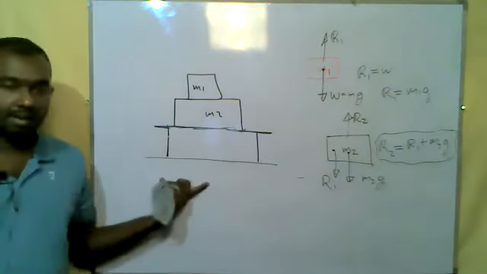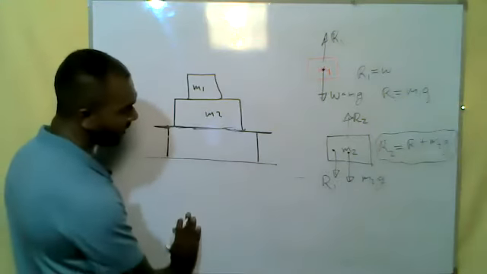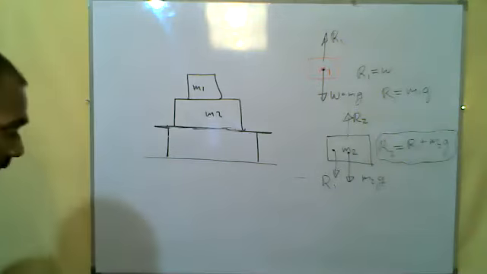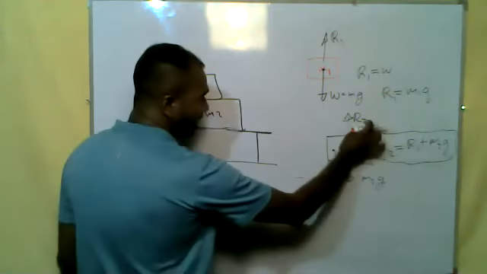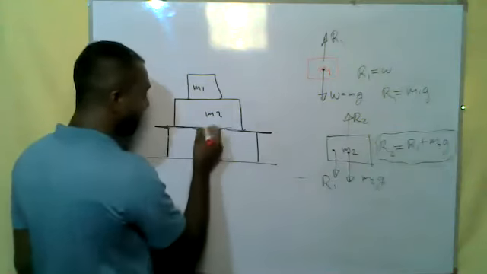And what about the table? If we think of the table, what are the forces acting upon this one? This force was created by the table, so a similar force should be on the table by the book too.